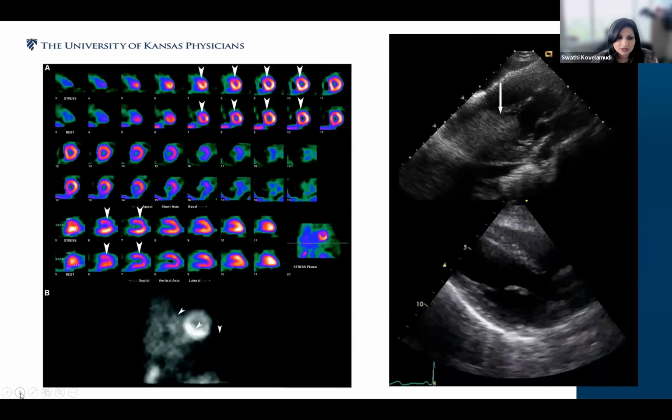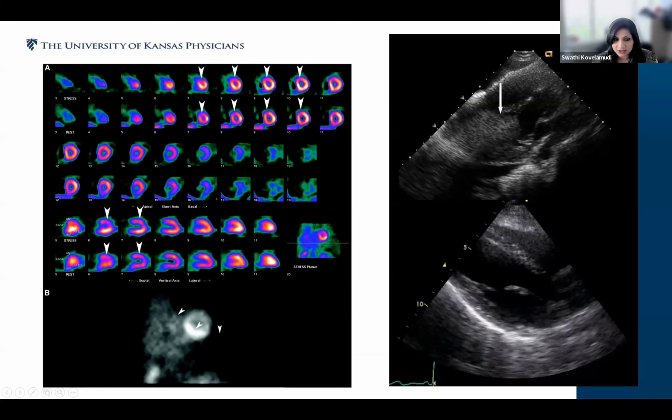So this picture briefly demonstrates why imaging in women, particularly the SPECT imaging and echocardiograms, are slightly more challenging than they are in men. If you can follow the line indicated by the three arrows in the bottom left corner, that is the breast shadow covering at least part of the cardiac myocardial circumference.